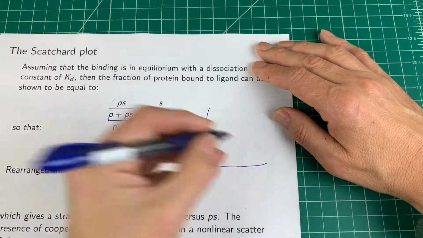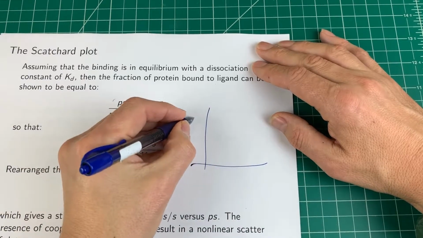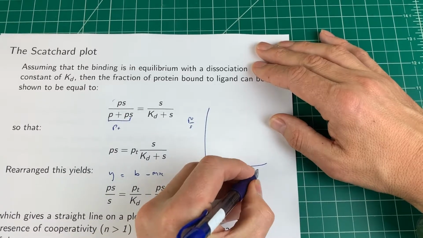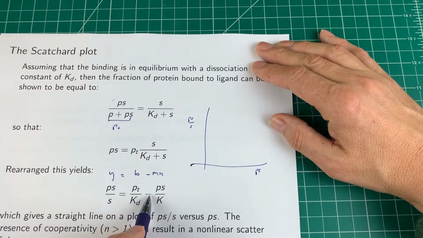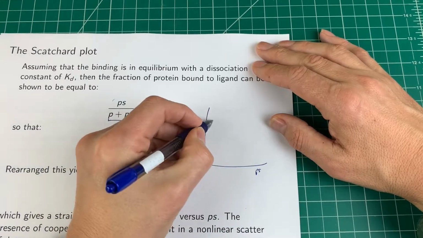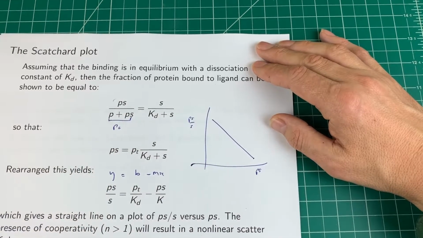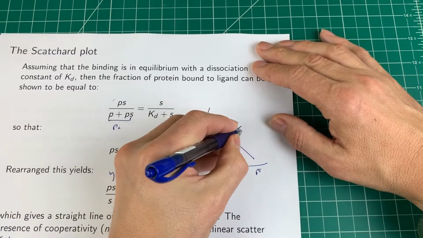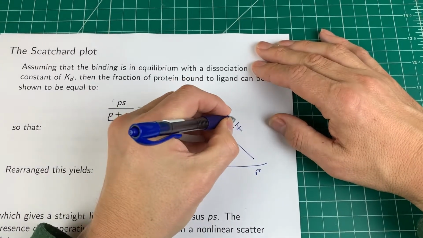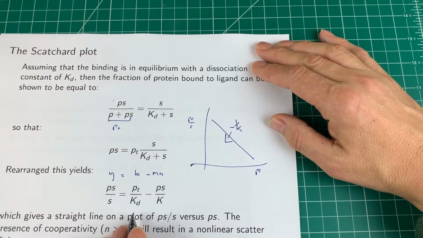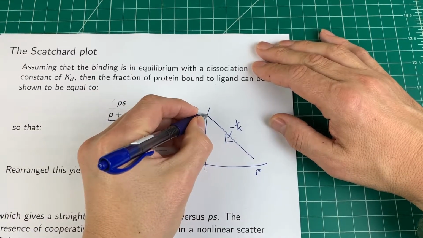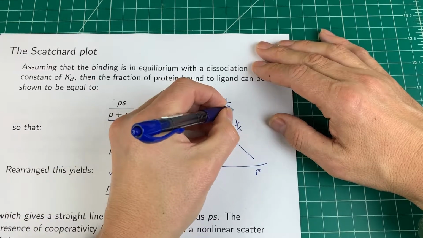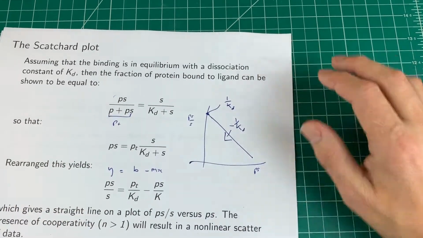If I plot PS over S, that's the y, versus the x, which is PS, the negative there means that the slope is negative, so I get something like that. The slope will be minus 1 over Kd, and the y-intercept, which you can work out to be this here, is also 1 over Kd.